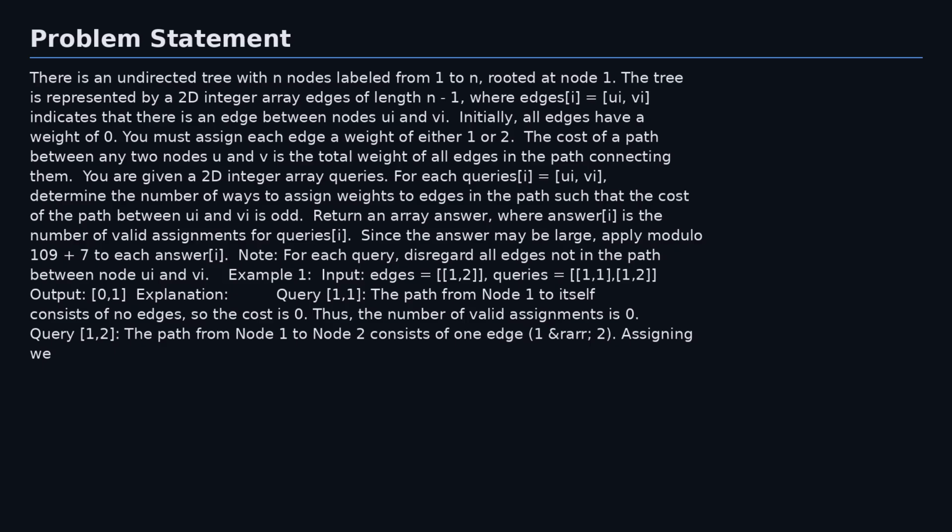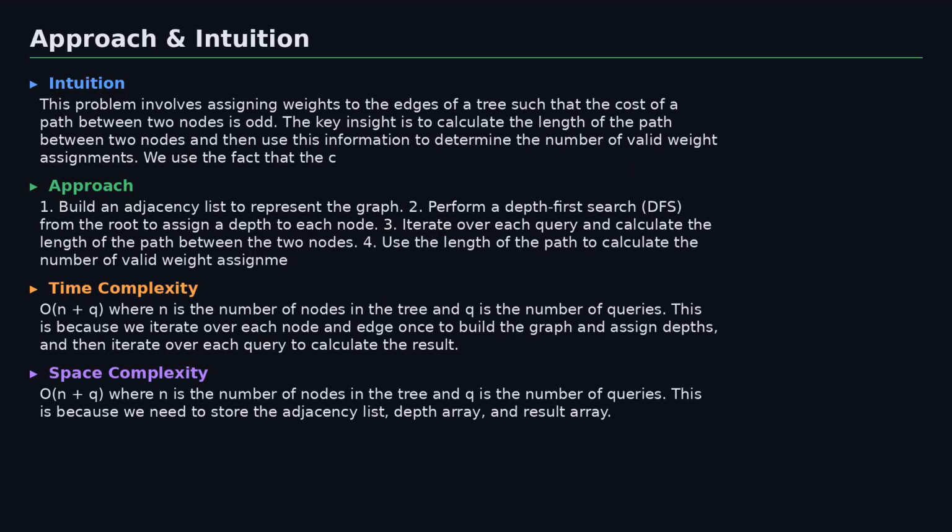Now, let's talk about the intuition behind this problem. The key insight is to calculate the length of the path between two nodes and then use this information to determine the number of valid weight assignments. Think of it like a game of odd and even. If the length of the path is even, we need to have an odd number of edges with weight 1.